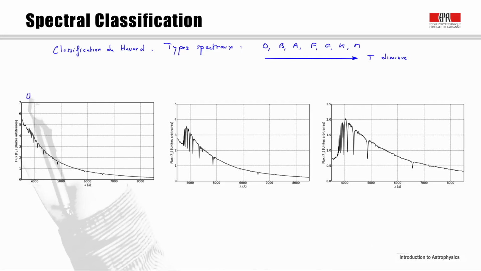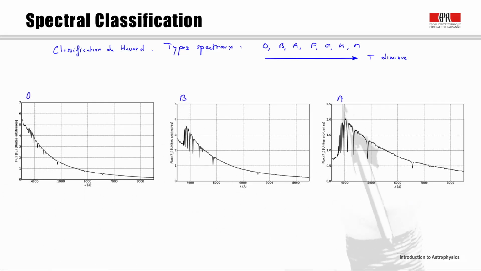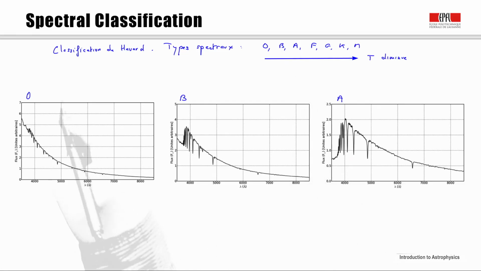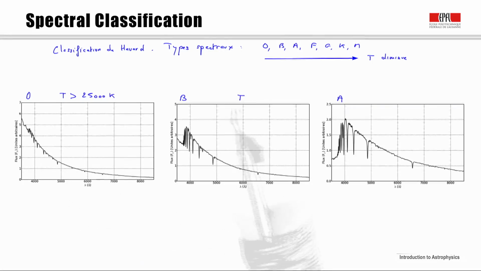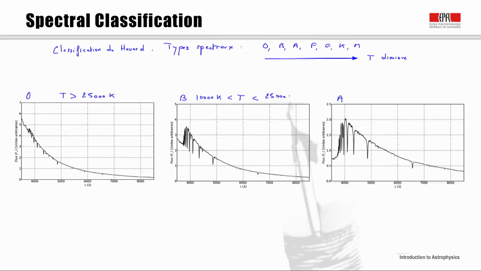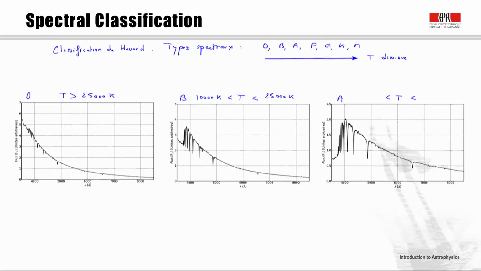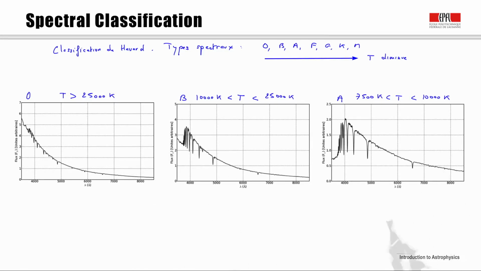Here are a few examples of spectral types. O, B, and A, the first 3 spectral types, corresponding to the following temperatures. This is the range in temperatures.